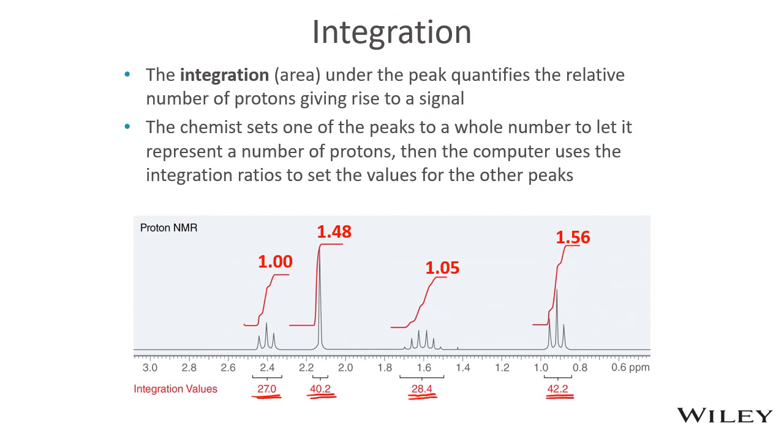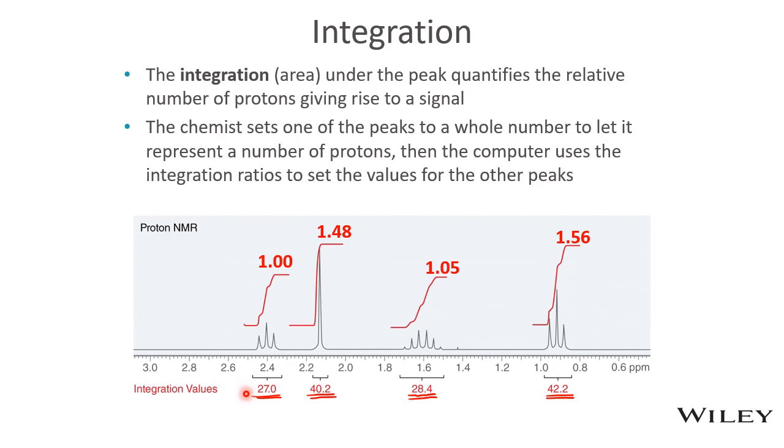Now, a chemist will set one of these peaks to a whole number to let it represent a number of protons. Then the computer can do some calculations and the integration ratios to set values for the other peaks. So the way that this is going to work, a chemist would choose the peak that has the lowest integration value. So this is going to represent the peak that has the fewest number of hydrogens.